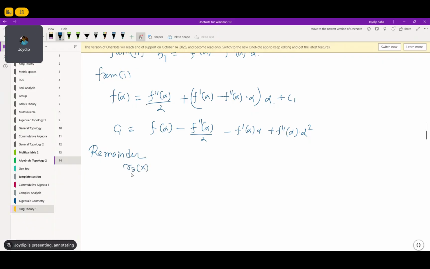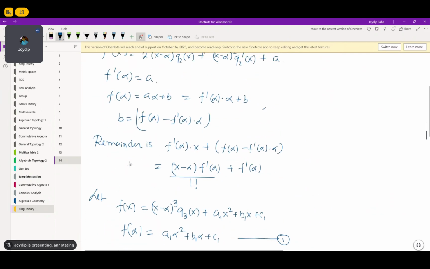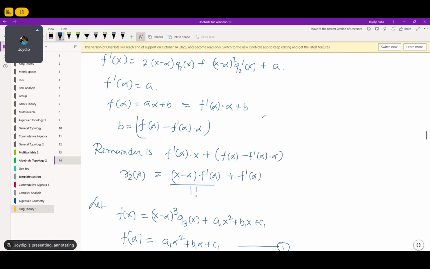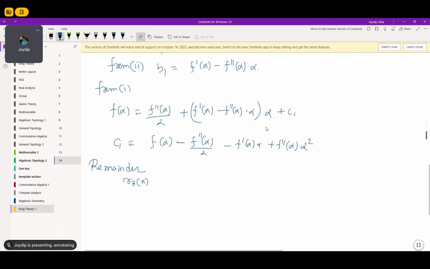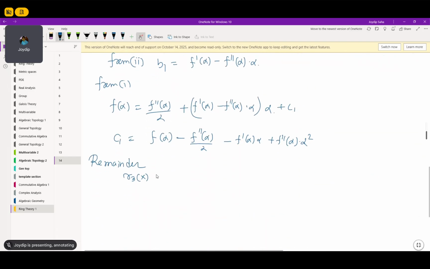here I should write R2(x), and here it is R1(x). So what is the remainder? a1 x^2, a1 meaning f''(alpha)/2 x^2.